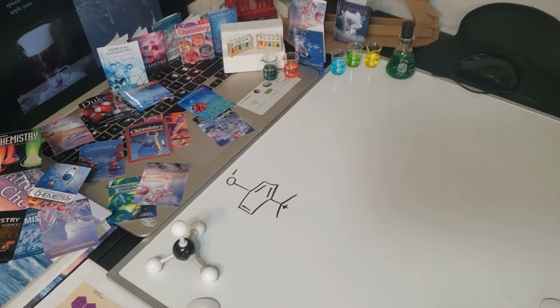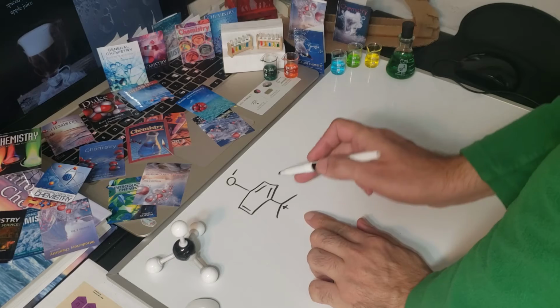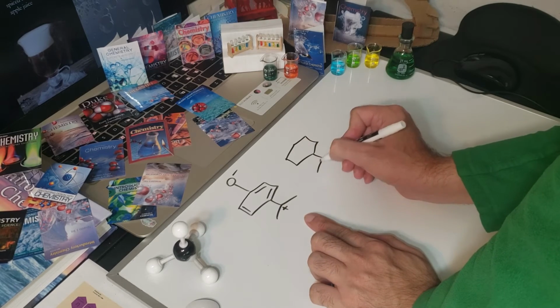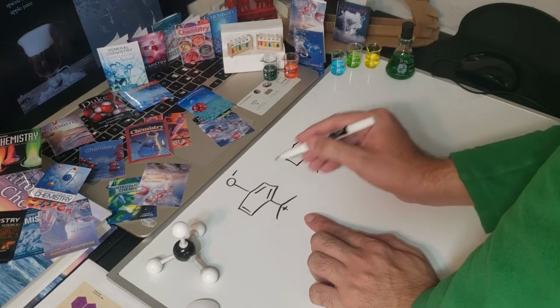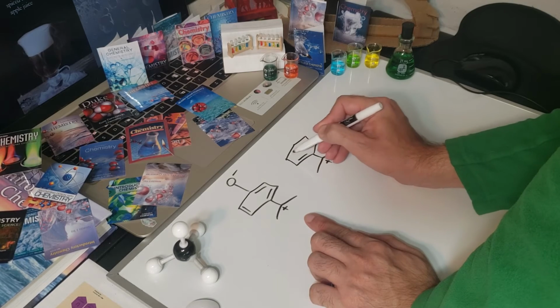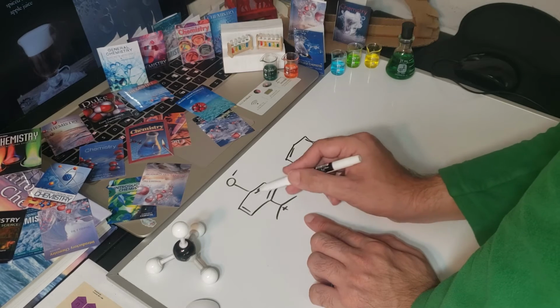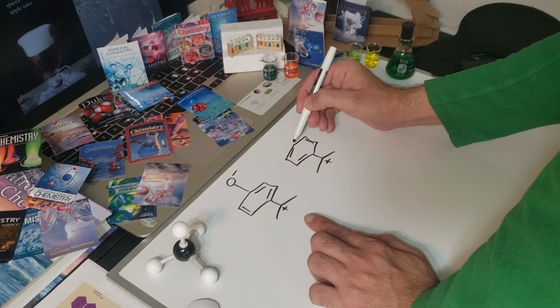Now let me use my rule to see how it goes. The first resonance form that I could do is to rotate the double bonds, and that would give me just a plus sign, which still remains there. Those that used to be single become double, and those that used to be double become single.